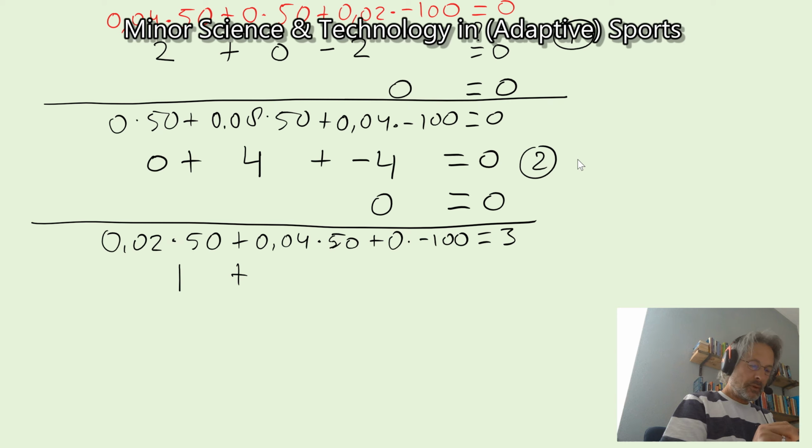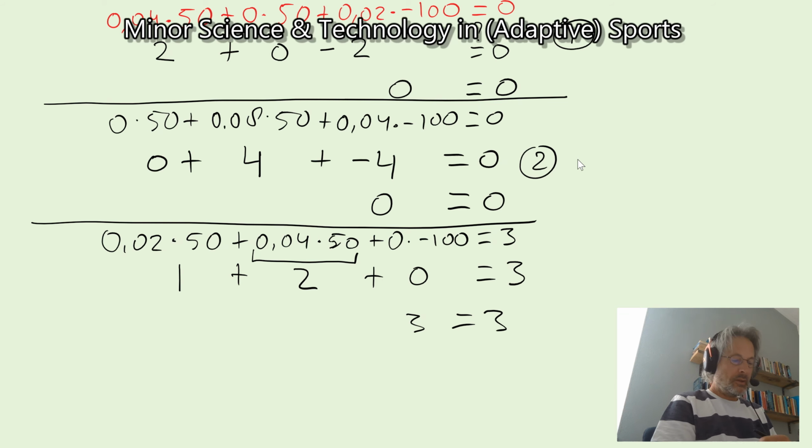So 4 divided by 2 equals 2. So this equals 2. Then we have 0 times minus 100. That is of course 0. And the right hand side was 3. And now we have 3 equals 3. So this is also a hint that the solution is correct.